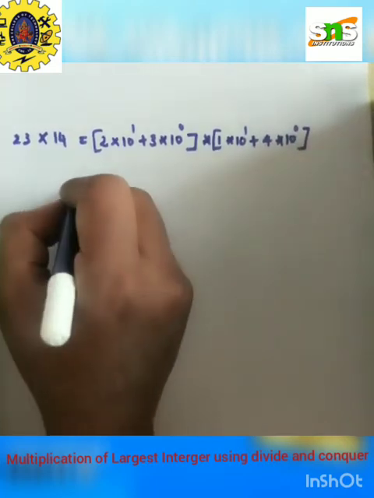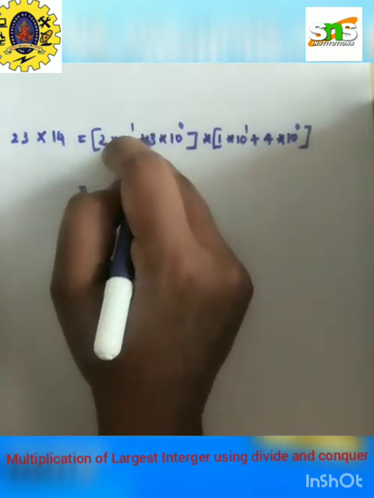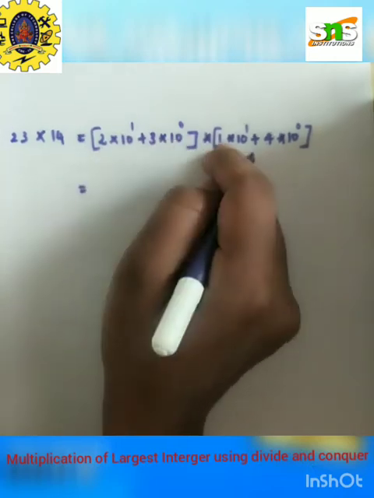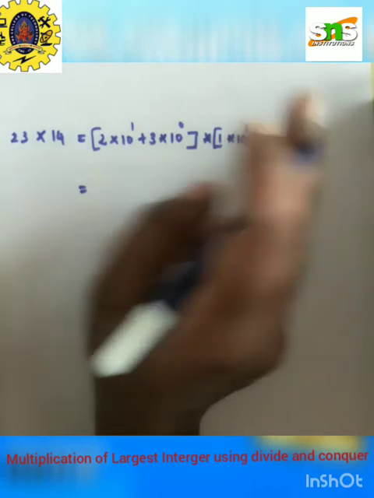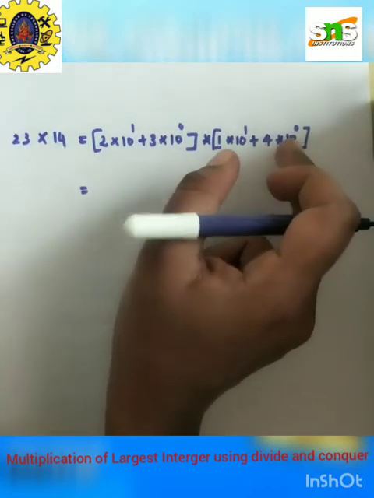Okay, because 10 power 1 is 10, 2 into 10 is 20, 20 plus 3 is 23, and 10 plus 4 is 14. So we can write 23 like this and 14 like this.